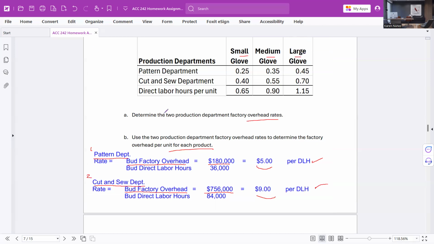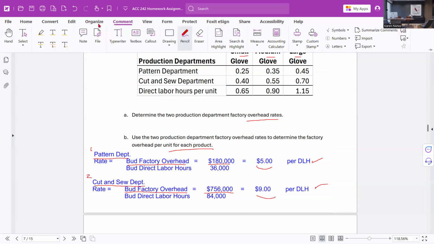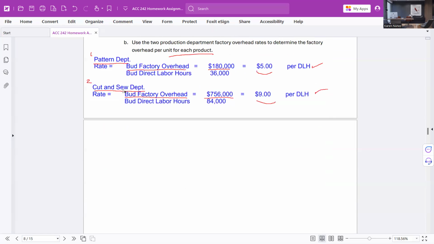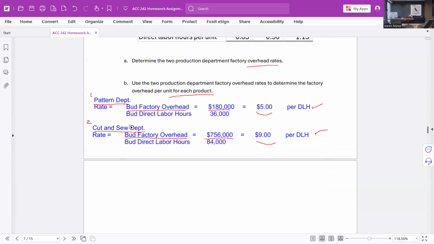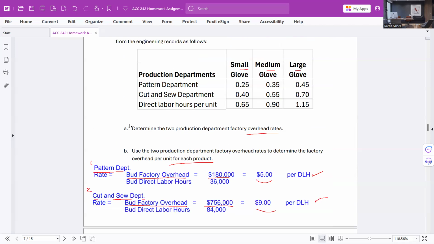So let's assign that overhead to those three products. At the bottom here, hopefully I can paste everything in. I don't know if I can, but we'll give it a try. So for the pattern department, the small glove needs 0.25 hours. The rate is $5, so it's 0.25 times 5.